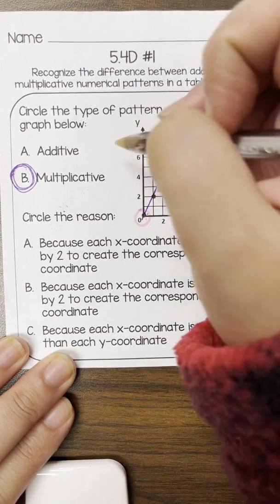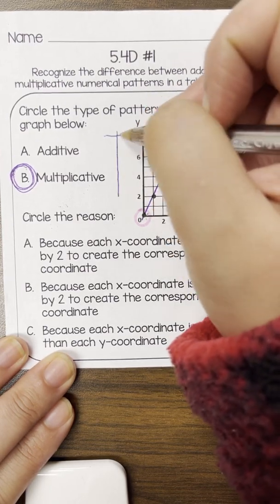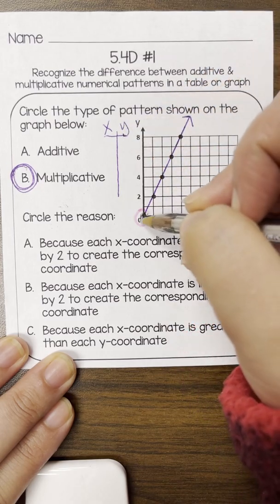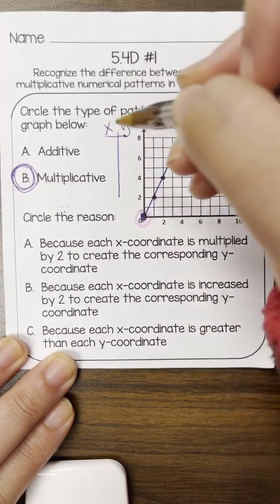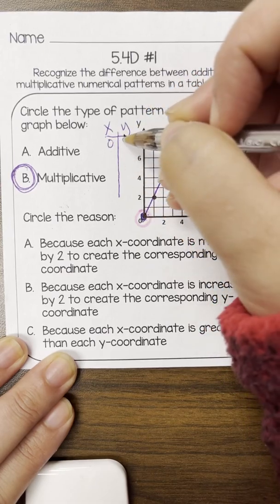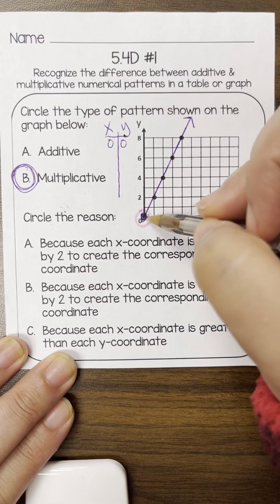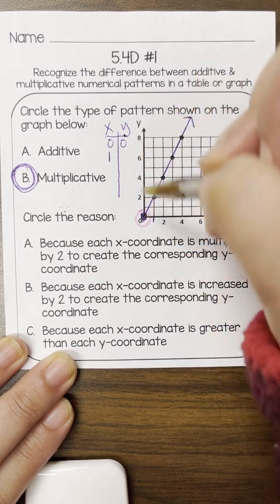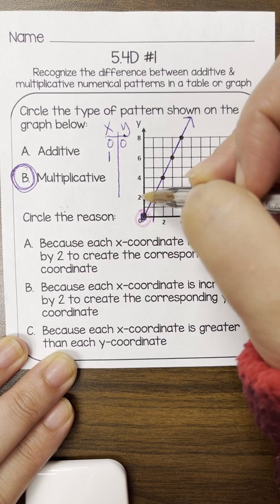So if I write my table, remember this is my input and my output. So the first input is 0, and that means that 0 times 0 is 0. Okay, now here's the first one. I have 1 and I go up, and that's going to be 2.